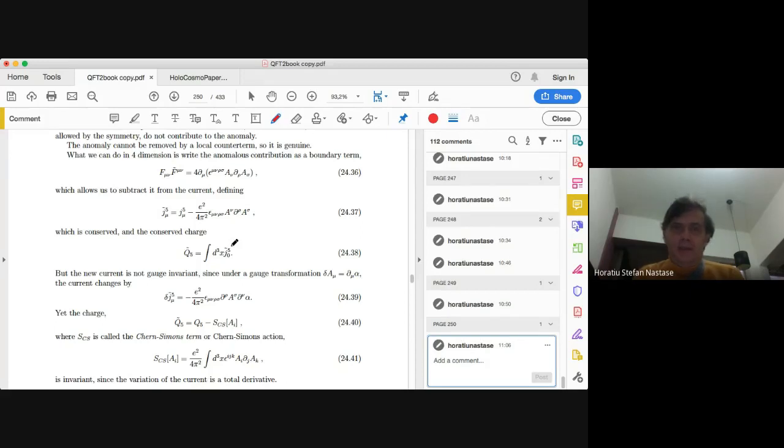And so in 4 dimensions, what you can figure out is that f mu, f tilde mu, which is epsilon mu rho sigma f rho sigma over 2, this combination is a total derivative, it is 4 times del mu of epsilon mu rho sigma a nu d rho a sigma.